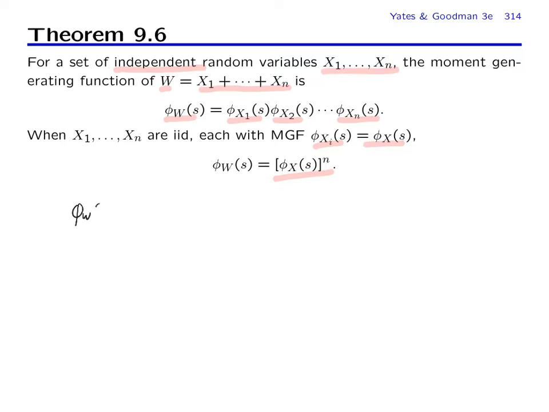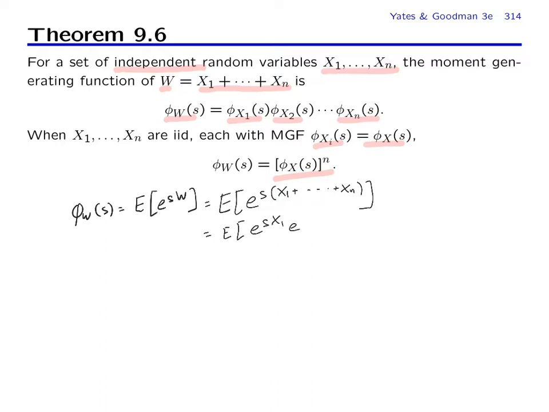We just write phi w of s, the moment generating function of w, is the expected value of e to the sw. And this is the expected value of e to the s times x1 plus dot dot dot plus xn. Now we can rewrite this as a set of products: e to the power sx1, e to the sx2, and so on up to e to the sxn.